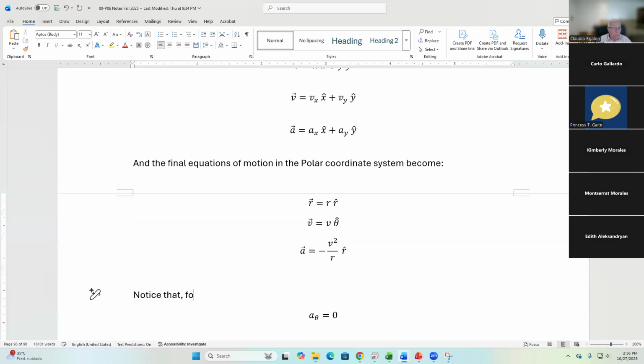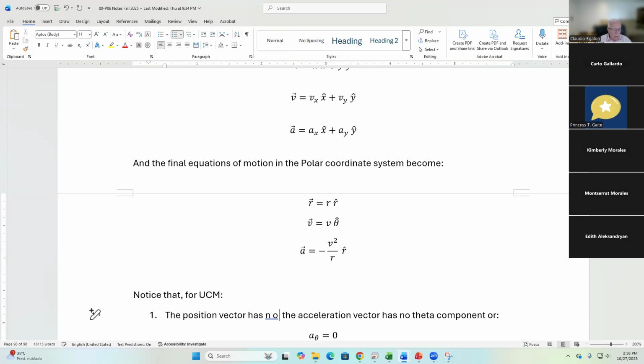Note that for UCM: one, the position vector has no theta component, no component along the theta direction.